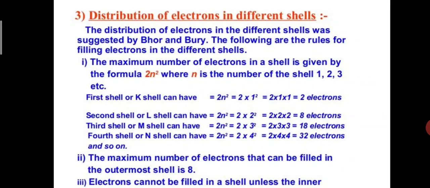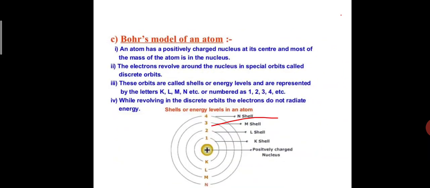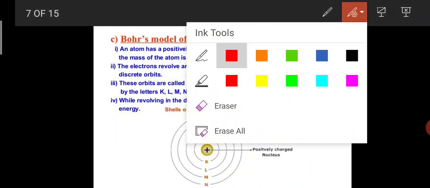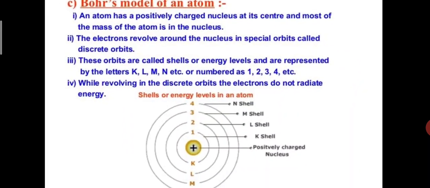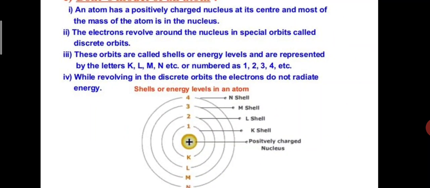Students, if we talk about an atom, you can see this diagram according to the Bohr model. The electrons revolve around the nucleus in different energy levels or shells, and each of these shells is associated with a fixed energy.